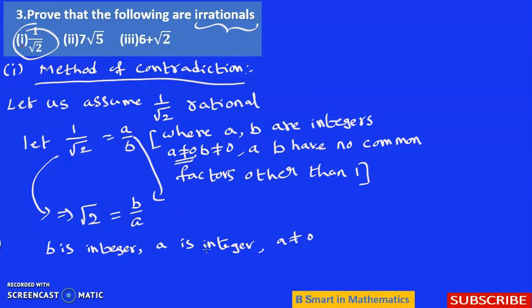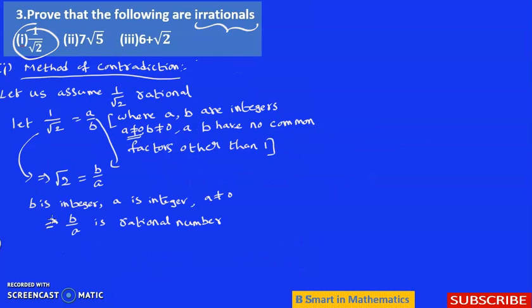Integer by integer means b by a is clearly a rational number.